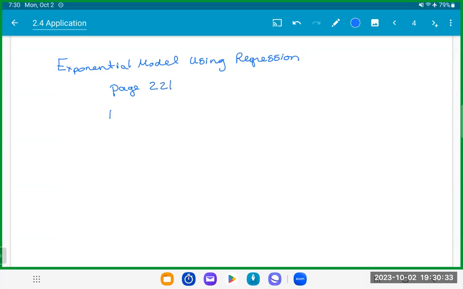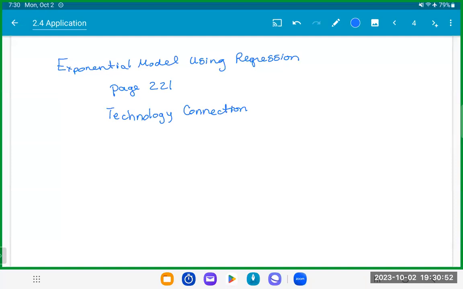There's a technology connection section, and that tells you and shows you how to use your graphing calculator to get through this problem, right?